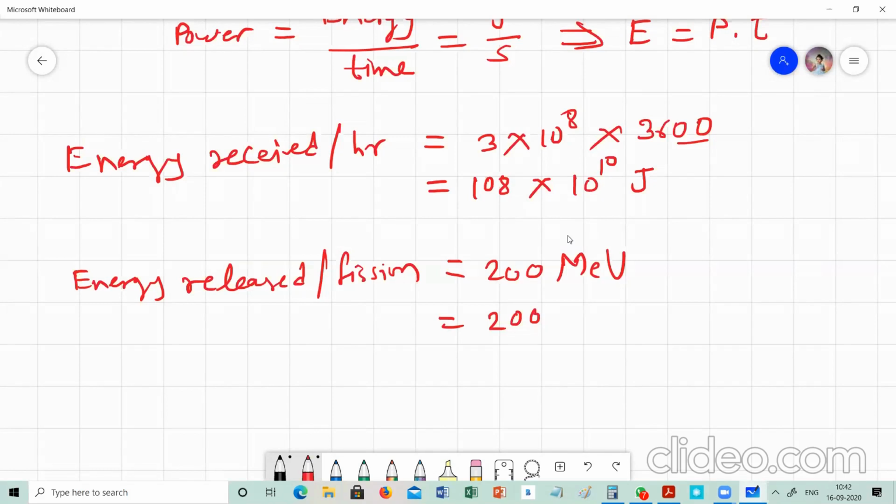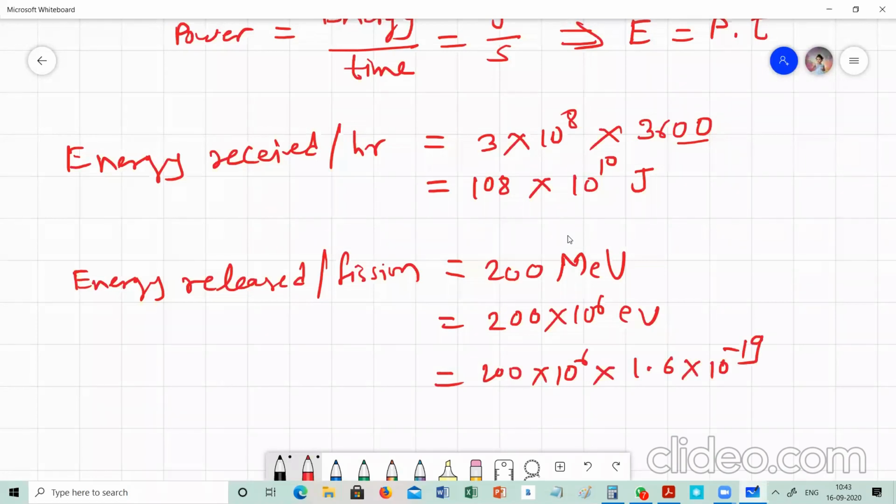It is given in mega electron volt, so we have to convert it first into electron volt, means 10 raised to 6 electron volt, which is equal to 200 into 10 raised to 6 into 1.6 into 10 raised to minus 19.